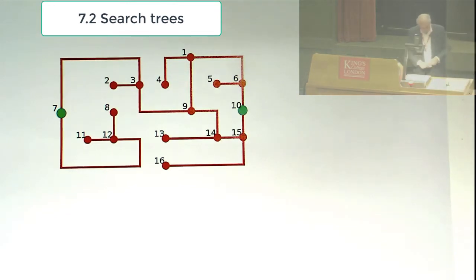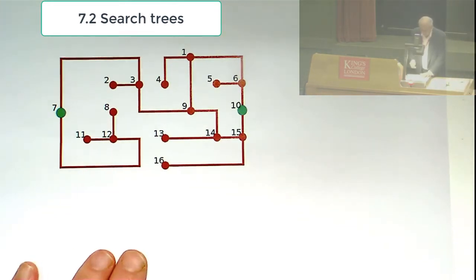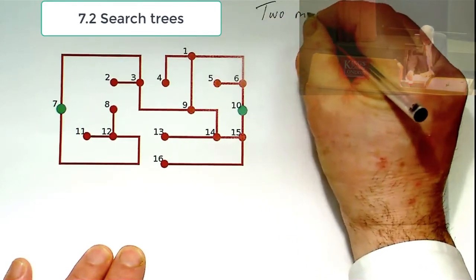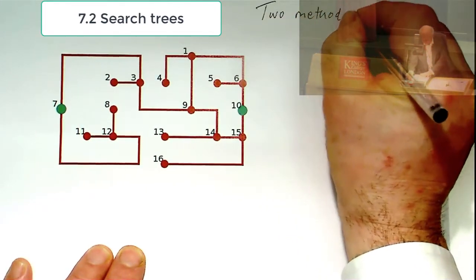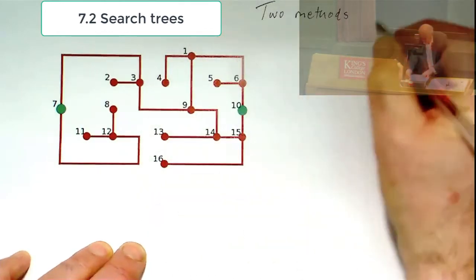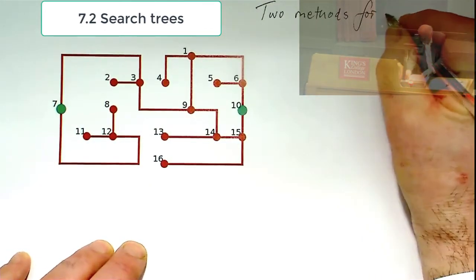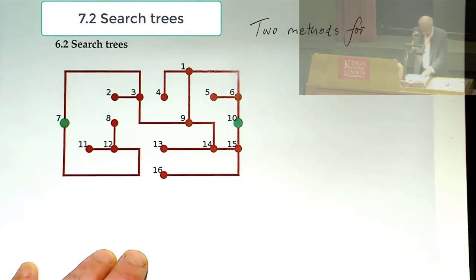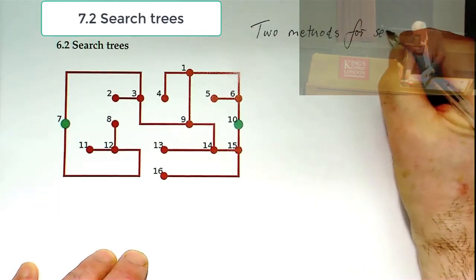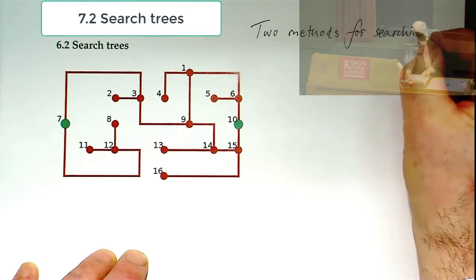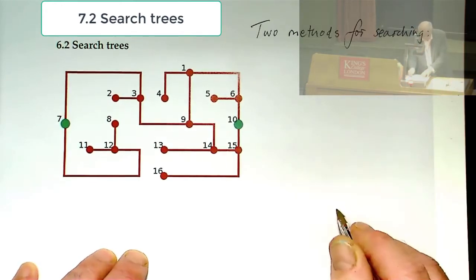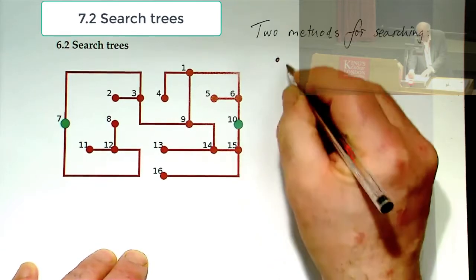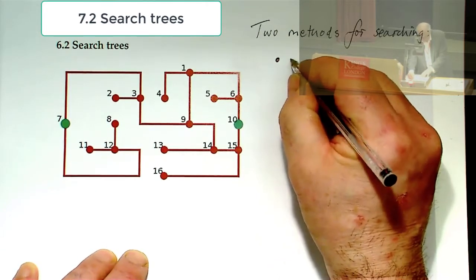So there are two methods for searching graphs. Two methods which we need to know about, for searching, for investigating, if you like, graphs. So the first method, which we're going to do first today, is called depth first search.